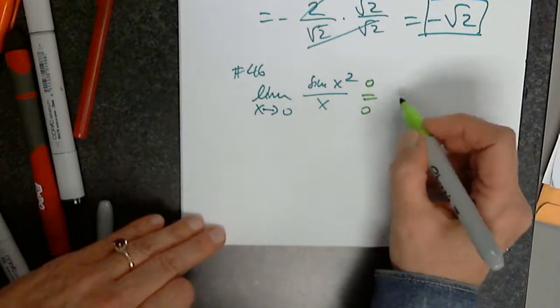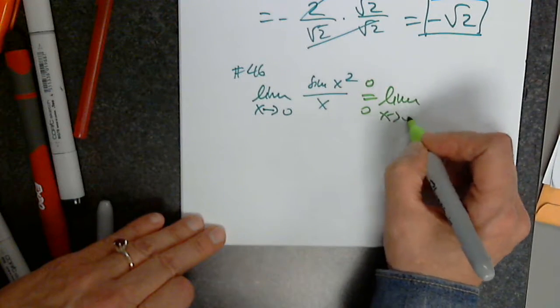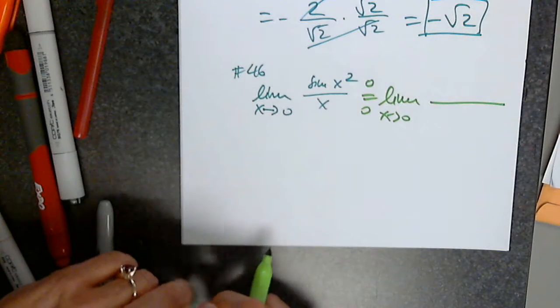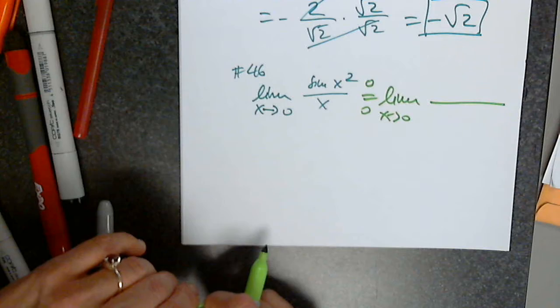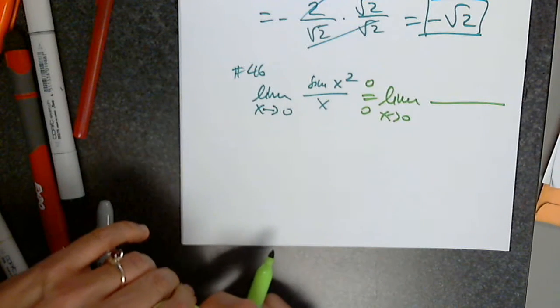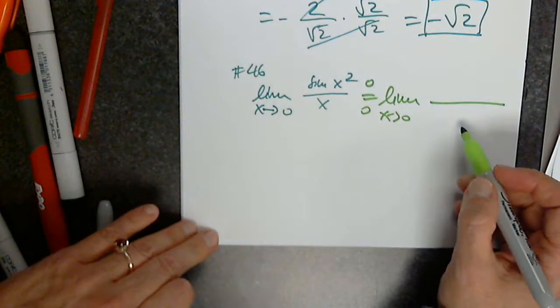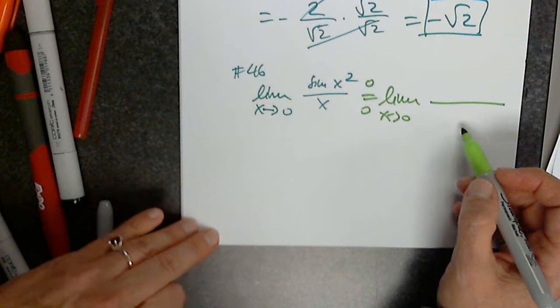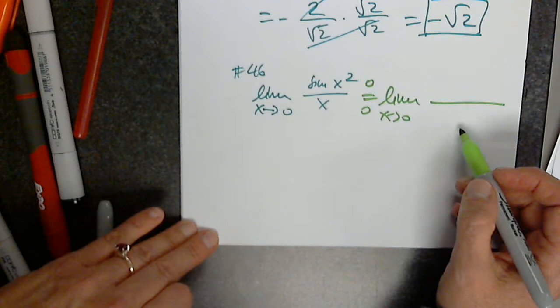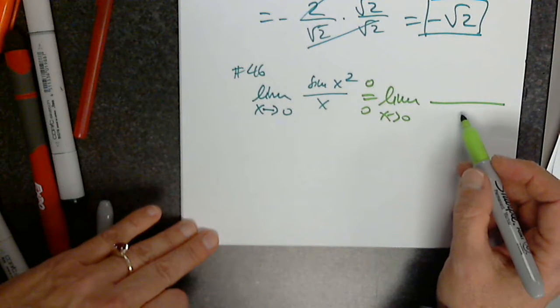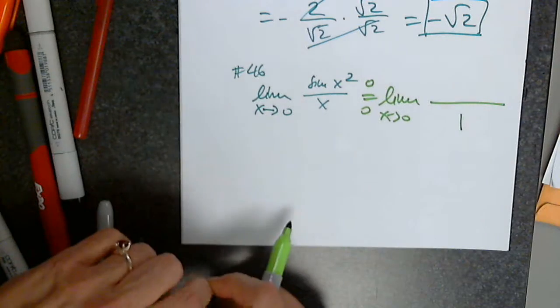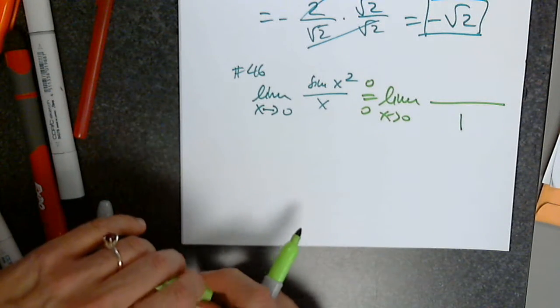So then the limit as x approaches 0. What is the denominator? One. And the numerator?